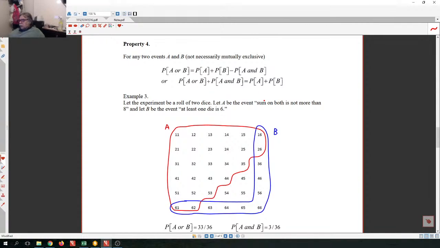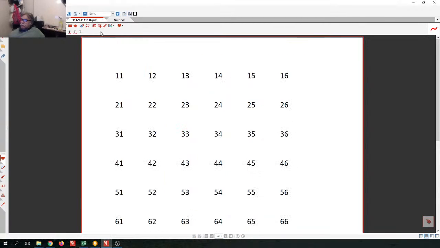Okay, so let me give you an explanation for this, and this is an example. If you have an experiment that is a roll of 2 dice, these are the outcomes you're gonna get: 1 1, 1 2, 1 3, 1 4, 1 5, 1 6, 2 1, 2 2, 2 3, and so on.